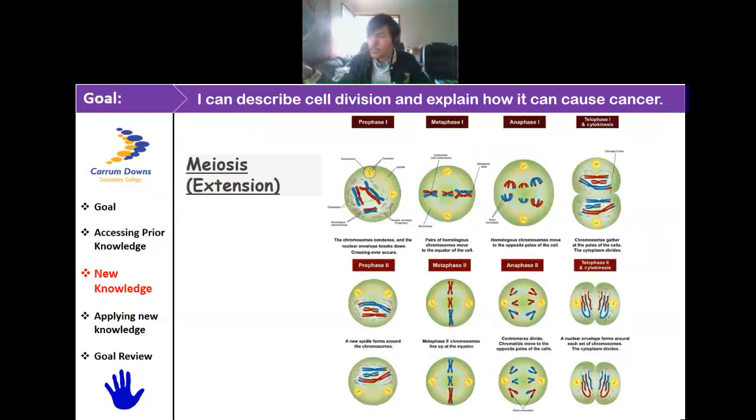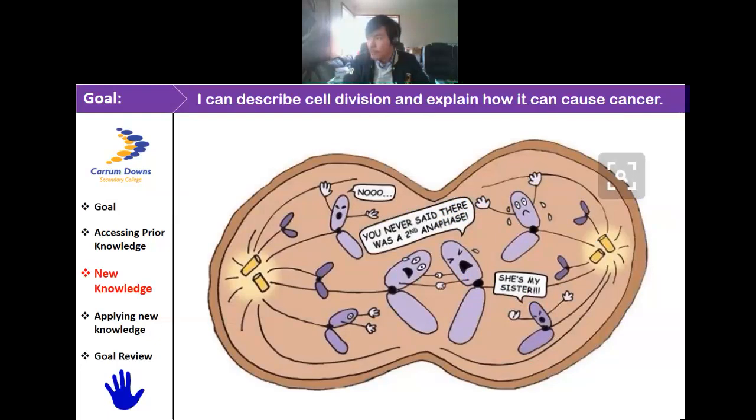And again, you can see here that meiosis has different stages. If you compare the number of stages to mitosis, it is more elaborate. It's got more stages in there. And just a funny picture here for you.